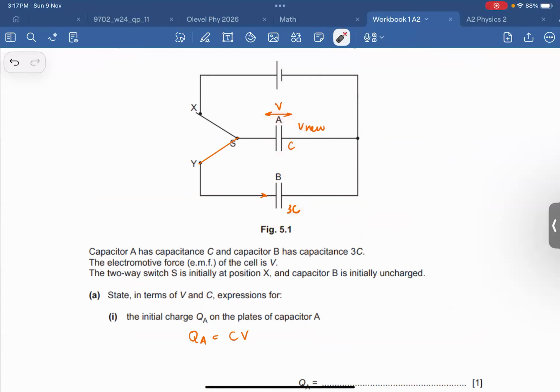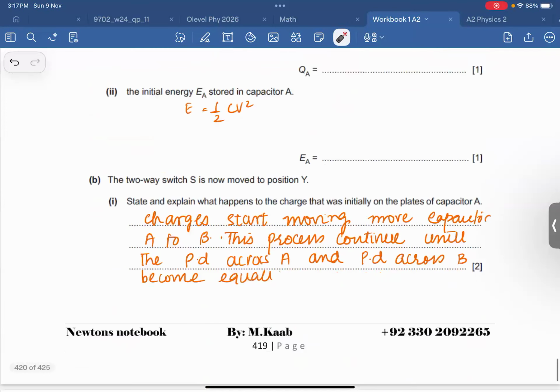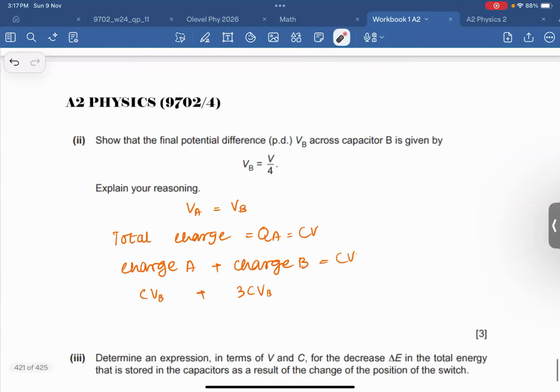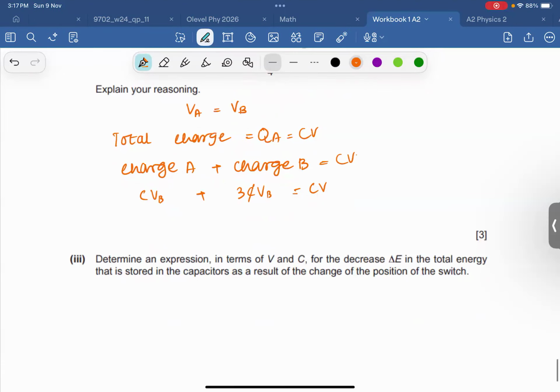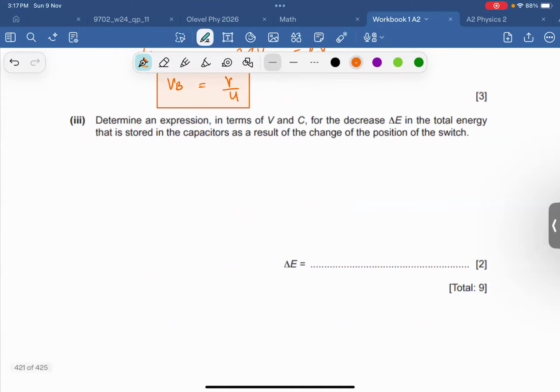When they become equal, the charging will be zero. So C VB plus 3C VB is equal to CV, and C and C go off. You'll be left with VB equal to V over 4. So this is the first thing.